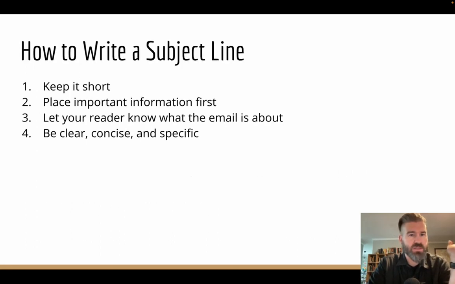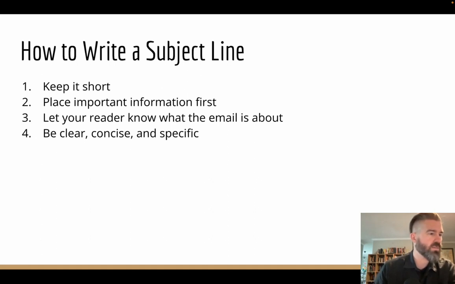Now, how to write a subject line. Keep it short, right? Place the important information first. Again, only the first 3, 4, 5 words might show up in whatever device they're looking at that email on. Remember that the subject line is intended to let your reader know what the email is about and be clear, concise, and specific.